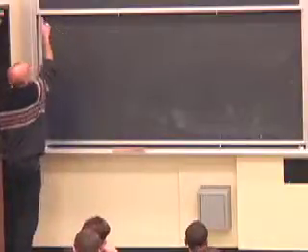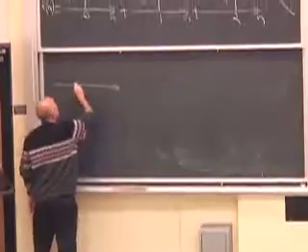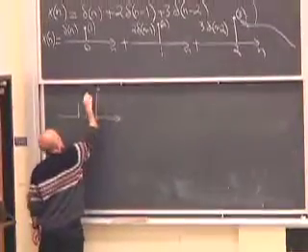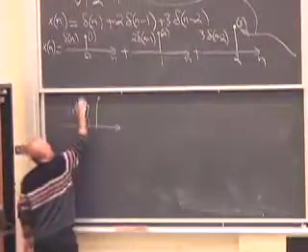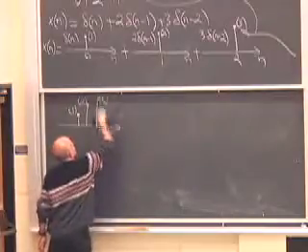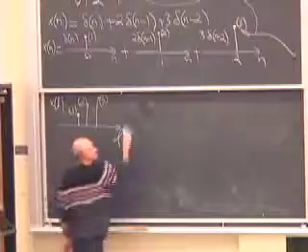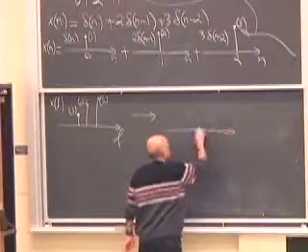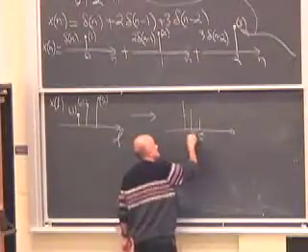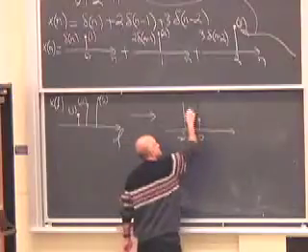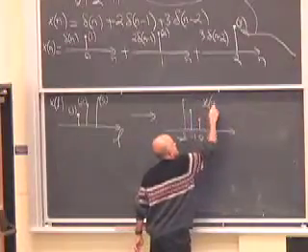So here we have x, so x of L, we plotted 1, 2, 3. You flip it: 0, minus 1, minus 2. So this is x of minus L.